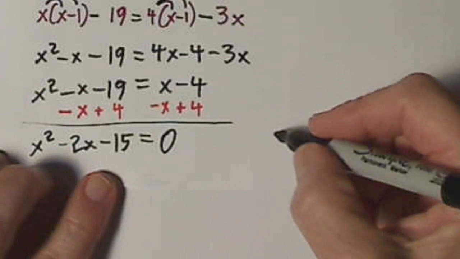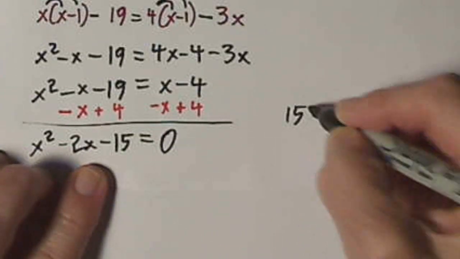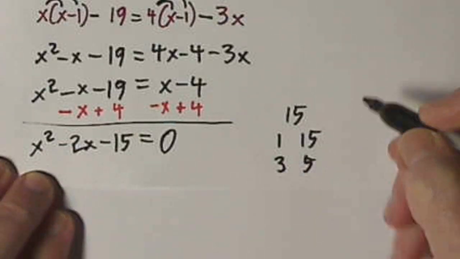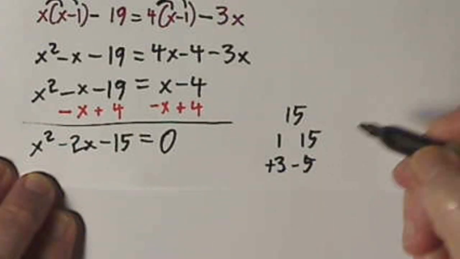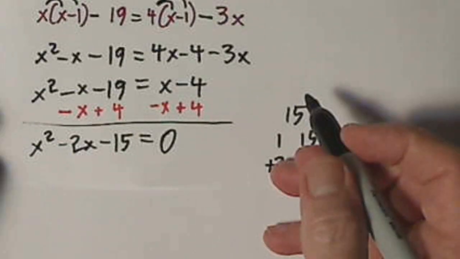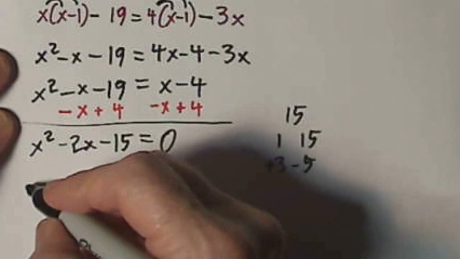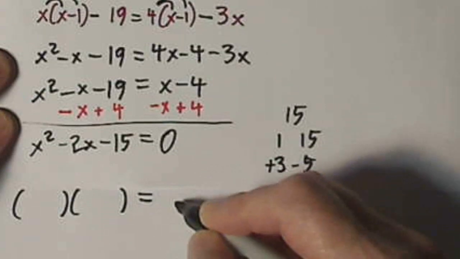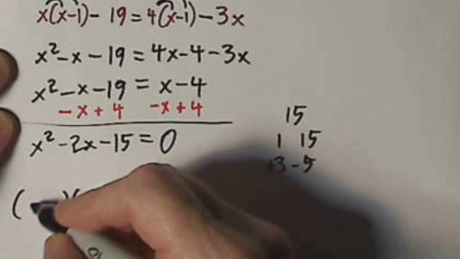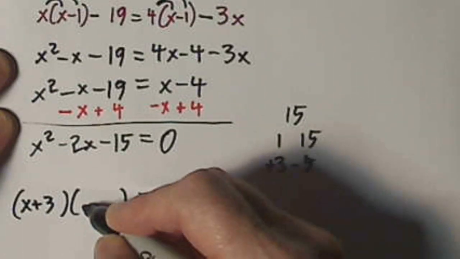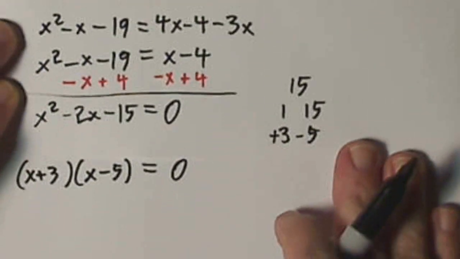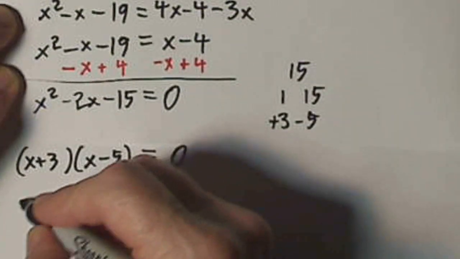Look at your factors of 15. 1 and 15, 3 and 5. A negative 5, positive 3 would give us that negative 2. So that's our factored form: x plus 3, x minus 5. If you have something times something equals 0, you can use your zero factor property.